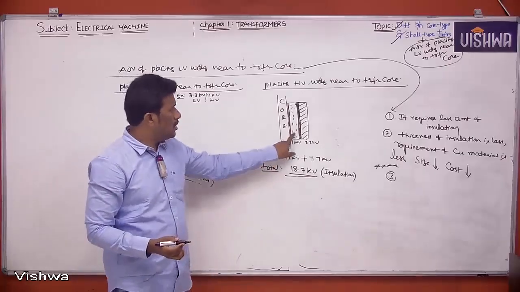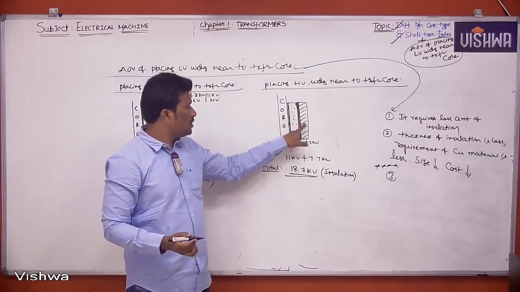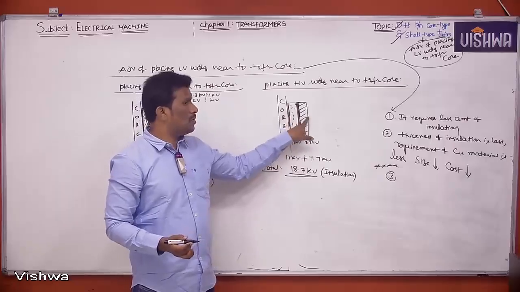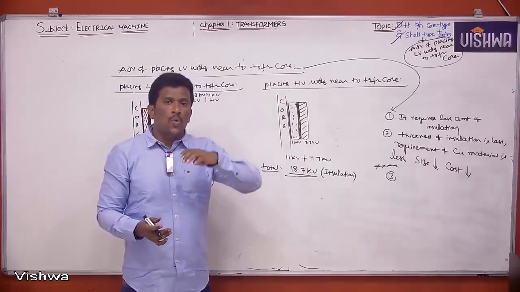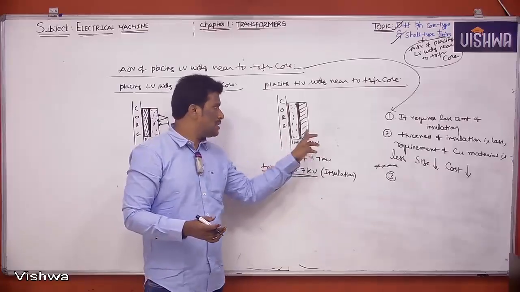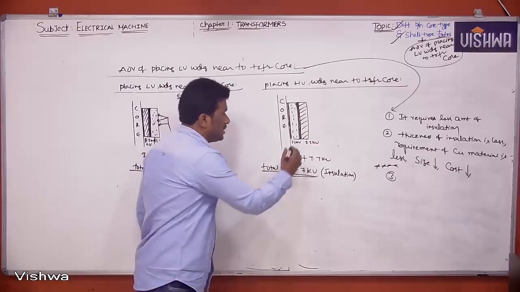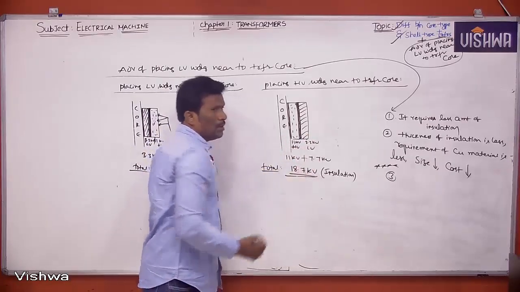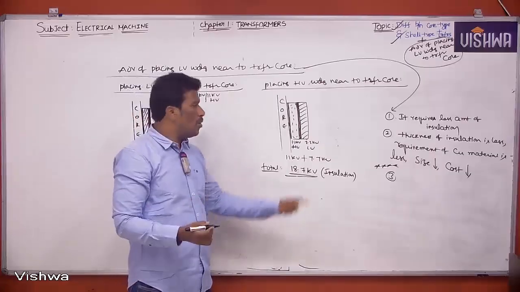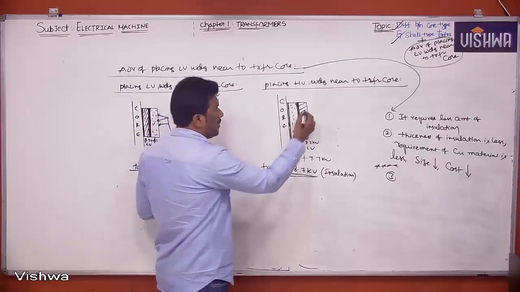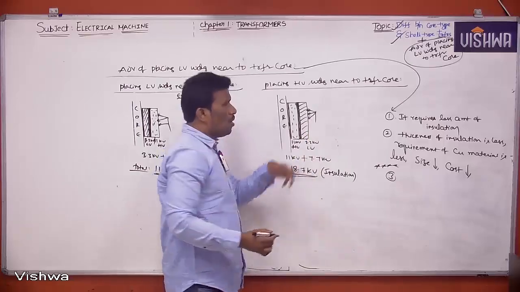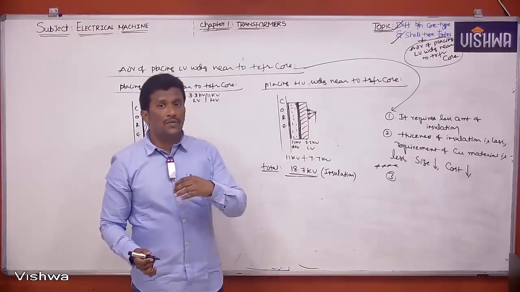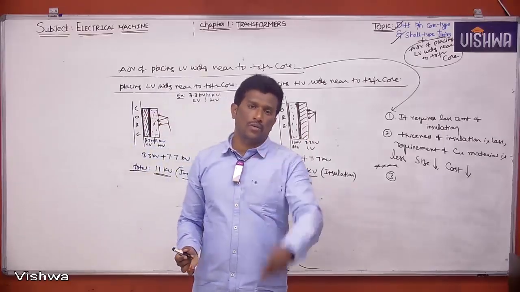In the other case, the winding is away from the transformer core, and it is a low voltage winding. If you take tappings from the low voltage winding and change tappings from one position to another, the voltage will be less, the current will be more, and sparking will be more.